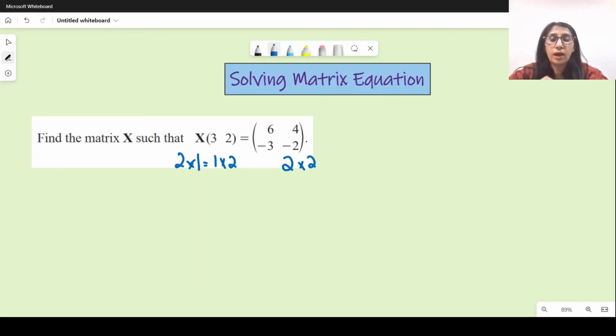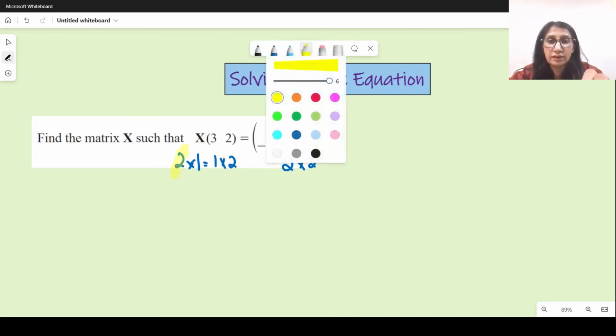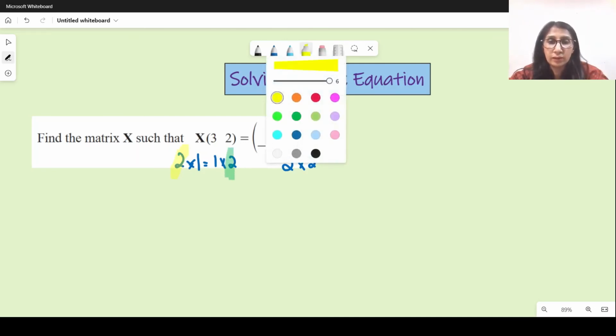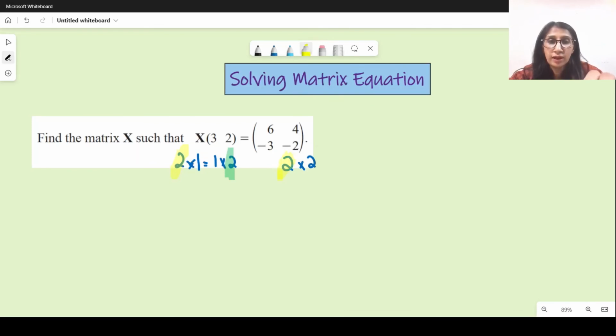How do I know that the order of X is 2 by 1? It's because these two values have to be equal in order for multiplication to take place. So if this is 1, this has to be 1 as well. Secondly, we also know that this and this becomes the order here as well. So this will have 2 rows and this will have 2 columns. So that's why the order of X is going to be 2 by 1.